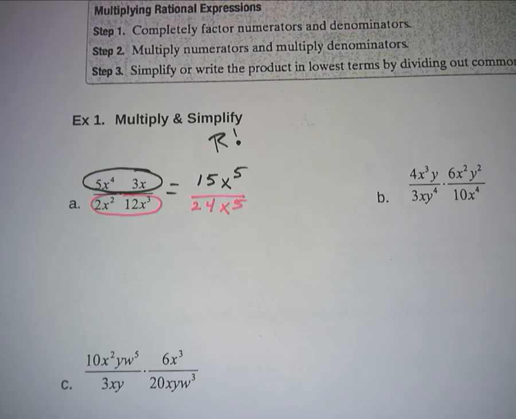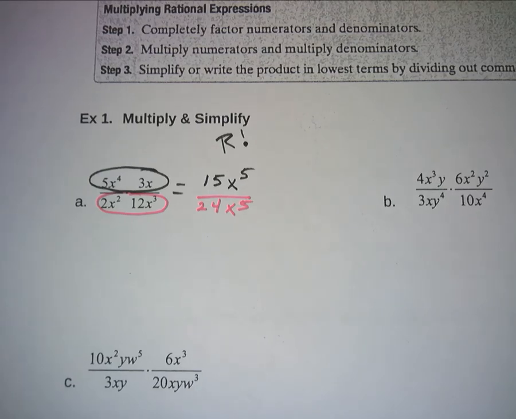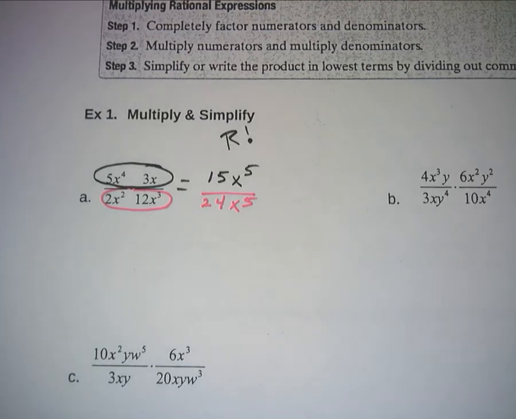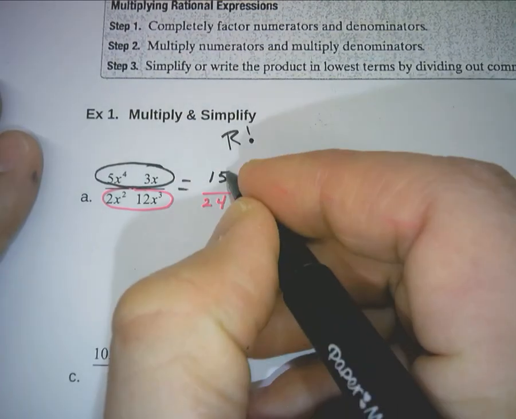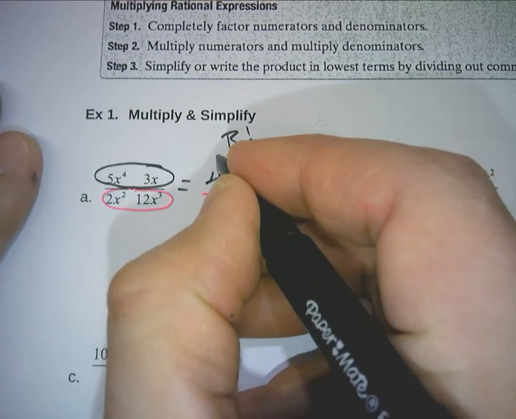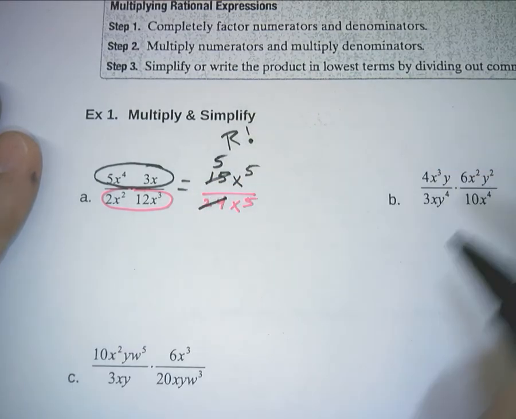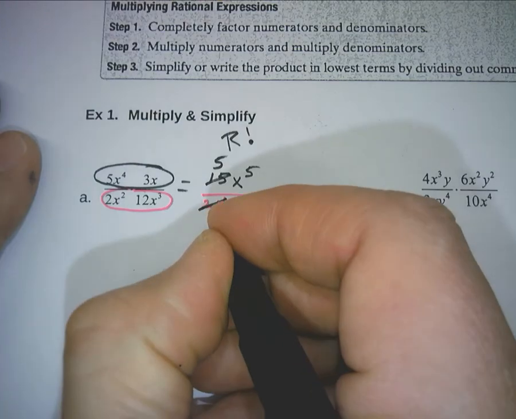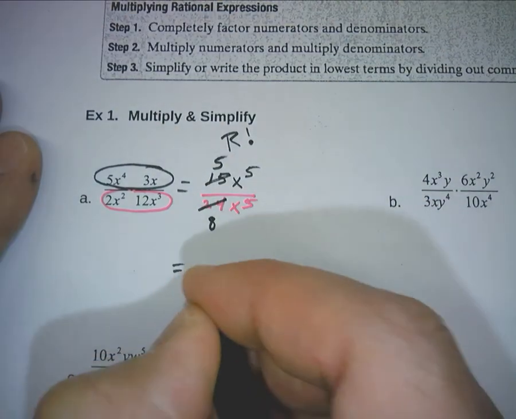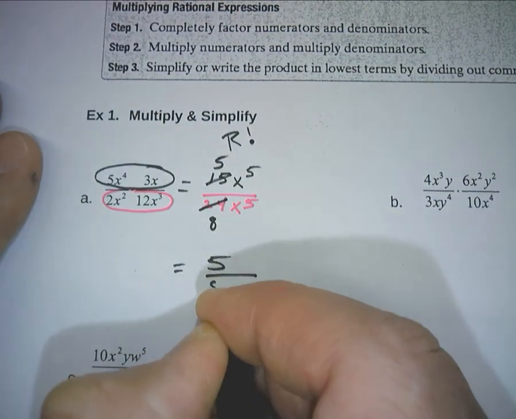Jose, Greg, what do you see? What can we reduce by? 3. Very good. So 15 and 24 reduce by 3. That leaves me with 5 on top, and 24 divided by 3 is 8. So we end up with 5/8.